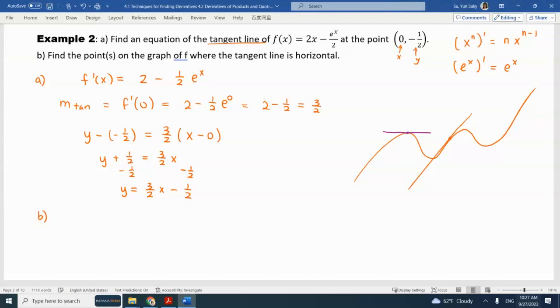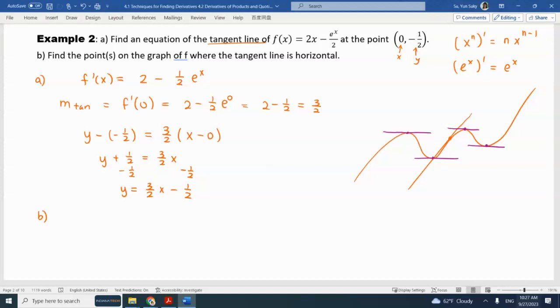Well, horizontal means what? Your slope is 0. Do you agree? You want to find the x coordinate such that your slope is 0 at those points. So the slope is the derivative, right? So we set the derivative equal to 0.